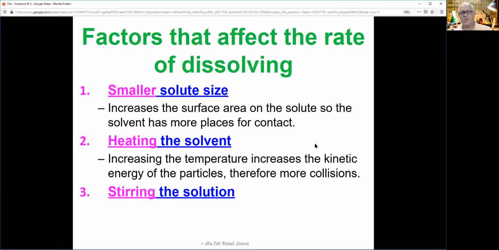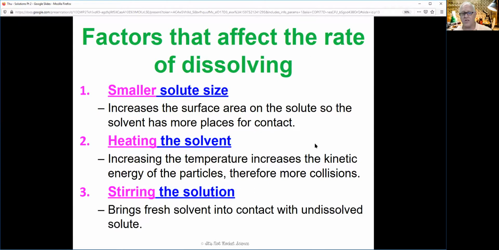You can do that with a stirring rod, a spoon, a straw. If you stir the solution, it brings fresh solvent in contact with the undissolved solute. And so the 3 factors that affect the rate of dissolving: smaller solute size, heating the solvent, and stirring the solution.